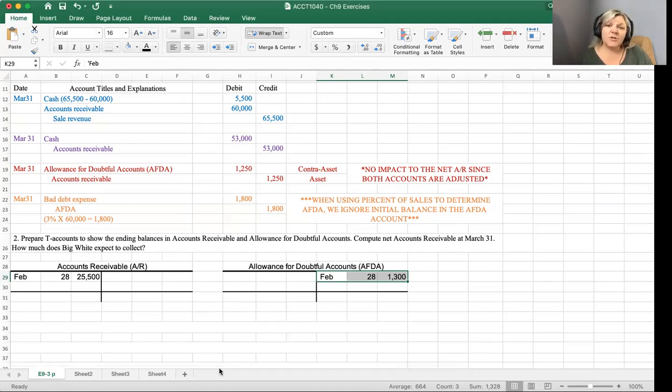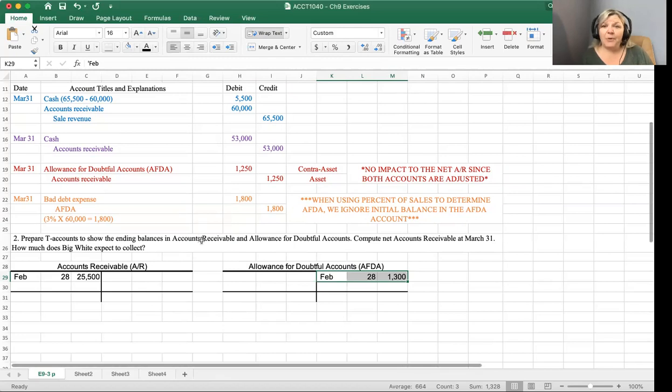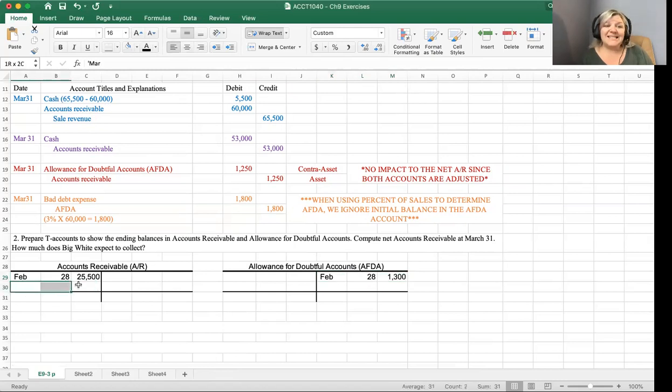From here, we're going to go to the journal entries we created in requirement number 1, and look to see where we debited or credited these two accounts. We're going to our first entry up here. We see accounts receivable with a debit balance of $60,000. Going on, the second journal entry has accounts receivable again with a credit balance for collections of $53,000.